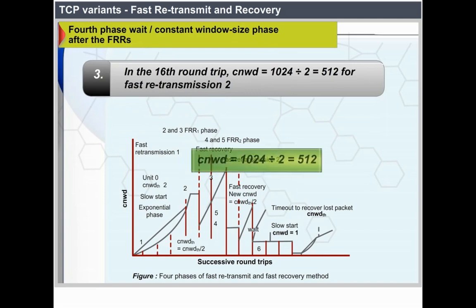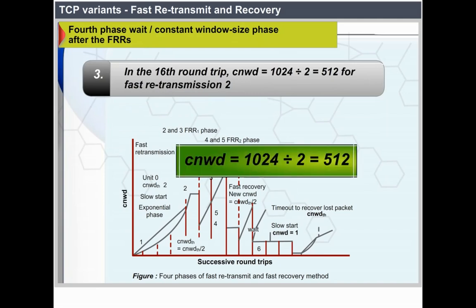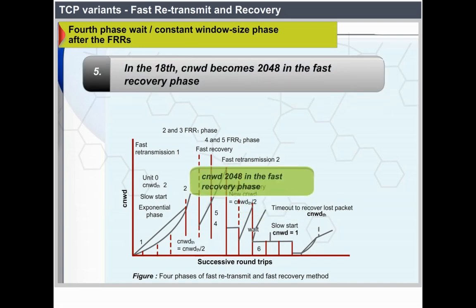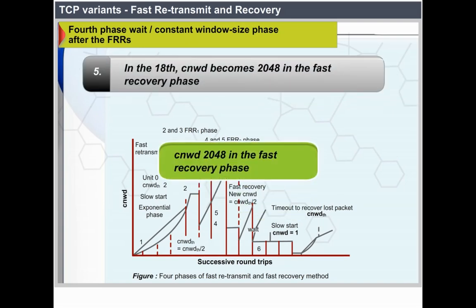In the 16th round trip, CNWD is equal to 1024 divided by 2, which is equal to 512, for fast retransmission 2. In the 17th round trip, CNWD becomes 1024. In the 18th, CNWD becomes 2048 in the fast recovery phase.